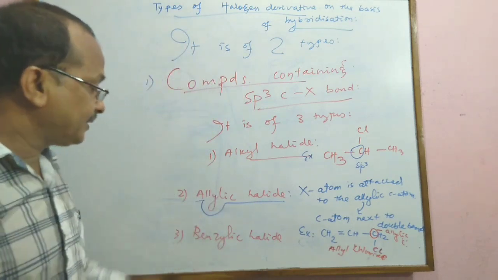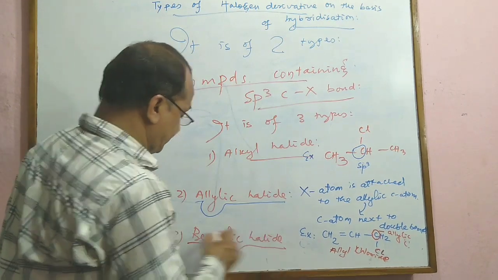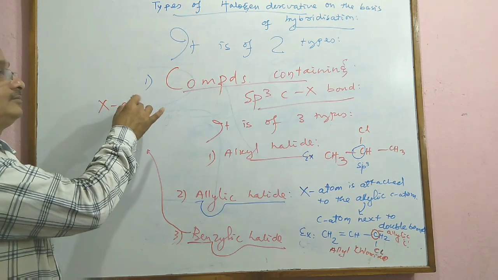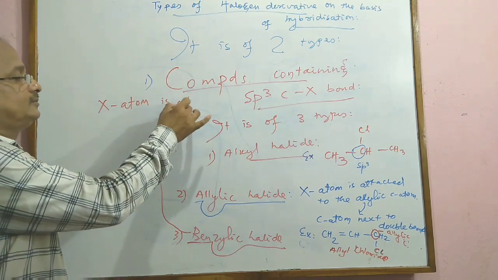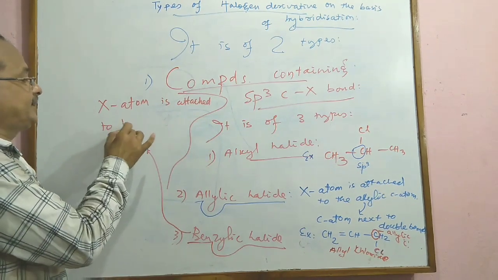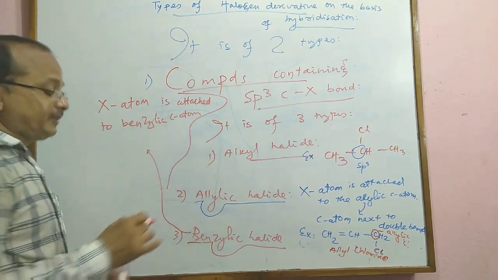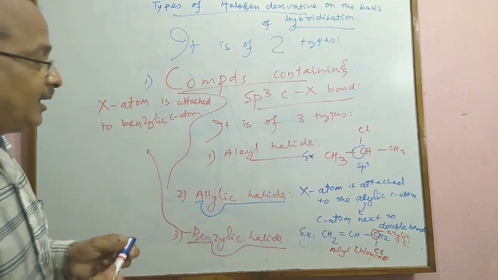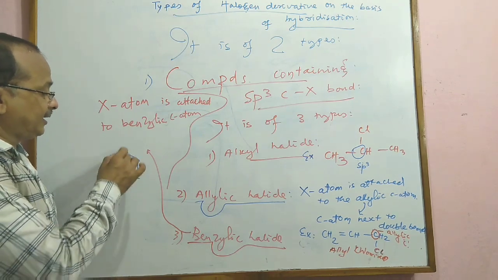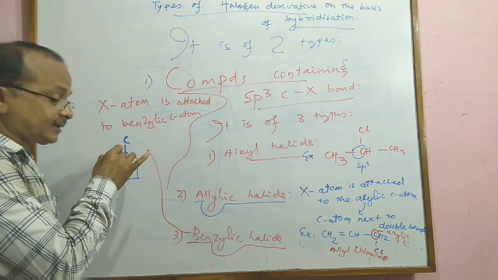Next, benzylic halide. Benzylic halide means halogen atom is attached to the benzylic carbon. What is benzylic carbon? The carbon atom next to benzene ring. This is the benzene ring and the carbon atom that is attached to the benzene ring is known as benzylic carbon.